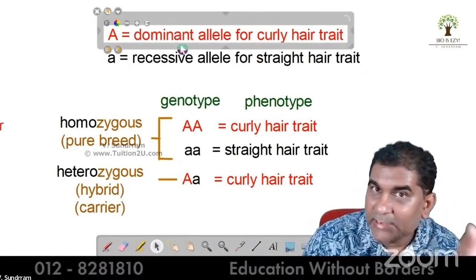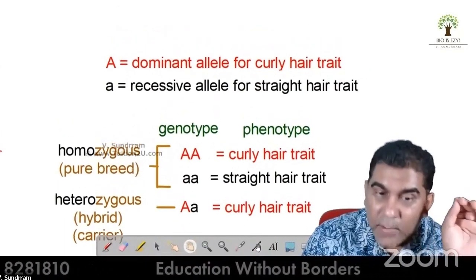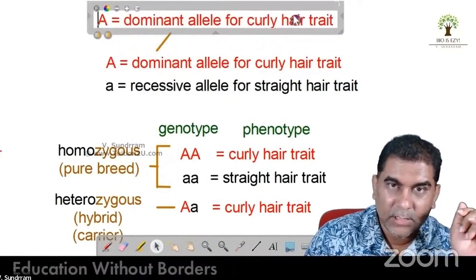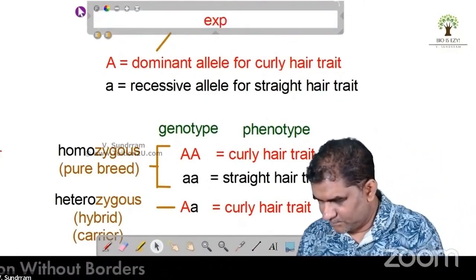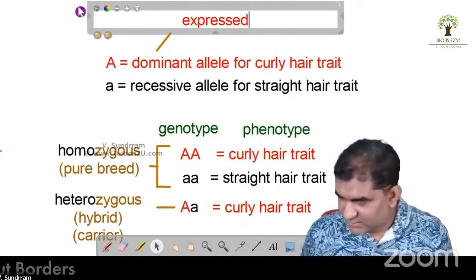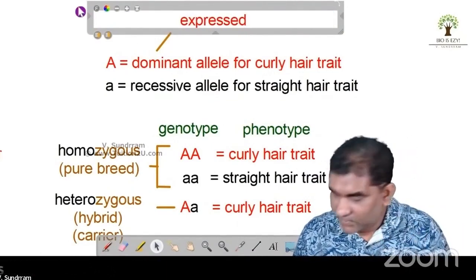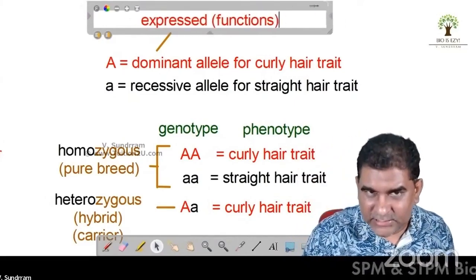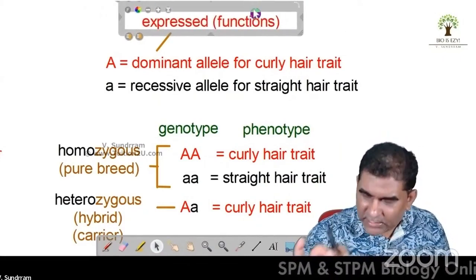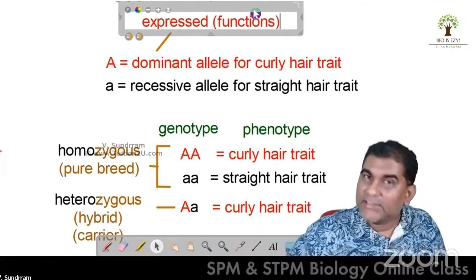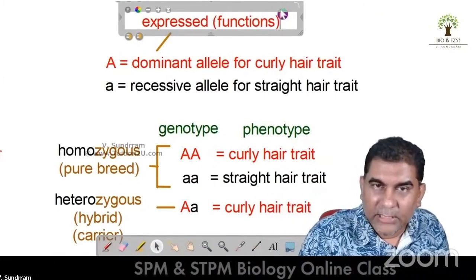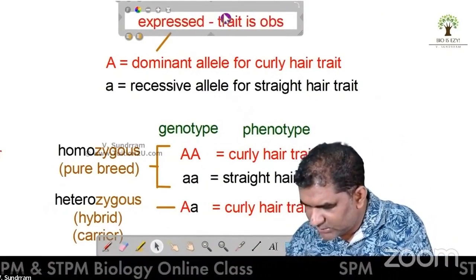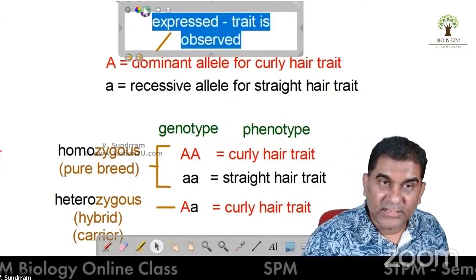How do you define a dominant allele? A dominant allele will be expressed. The word express is a scientific term for its functions, but don't write the word functions, I'm just explaining to you. The word express means the allele functions, whatever they control, you can see. That means if the allele is expressed, the trait is observed.